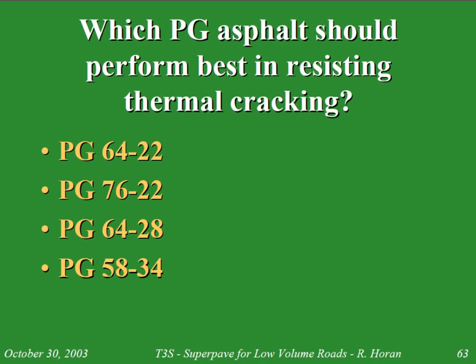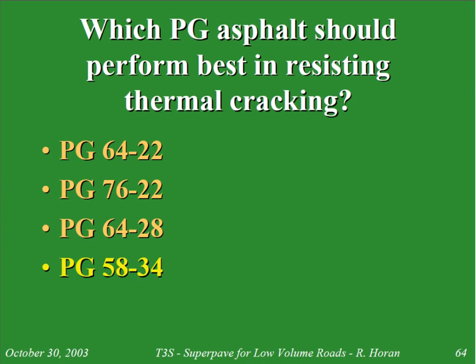Okay, so therefore cracking, in this particular case thermal cracking, occurs due to very low temperatures. So of these particular 4 asphalt binders, which one could withstand the lowest temperature? Well, the answer is this one, right? Because we have negative 34 degrees C. All right, this was negative 22, this is negative 22, this is negative 28, and this is negative 34. So this particular binder has the capability of supporting much lower temperatures than any of these other 3. So therefore, this is our answer.